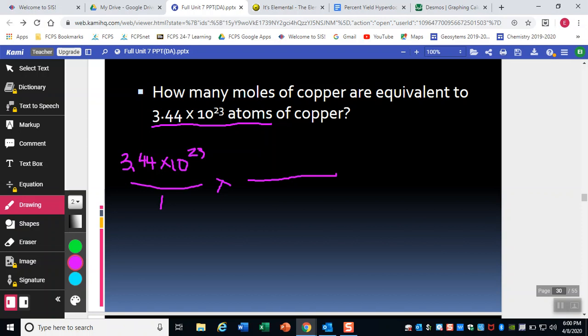And this is atoms, so that means I'm going to have atoms down here. All right, and it says how many moles, so I'm going to do 1 mole. And then this would be Avogadro's number, right? 6.02 times 10 to the 23rd.